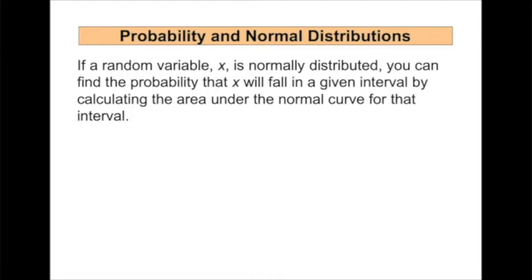Okay, now moving on to the probability and normal distribution. If a random variable x is normally distributed, you can find the probability that x will fall in a given interval by calculating the area under the normal curve for that interval.